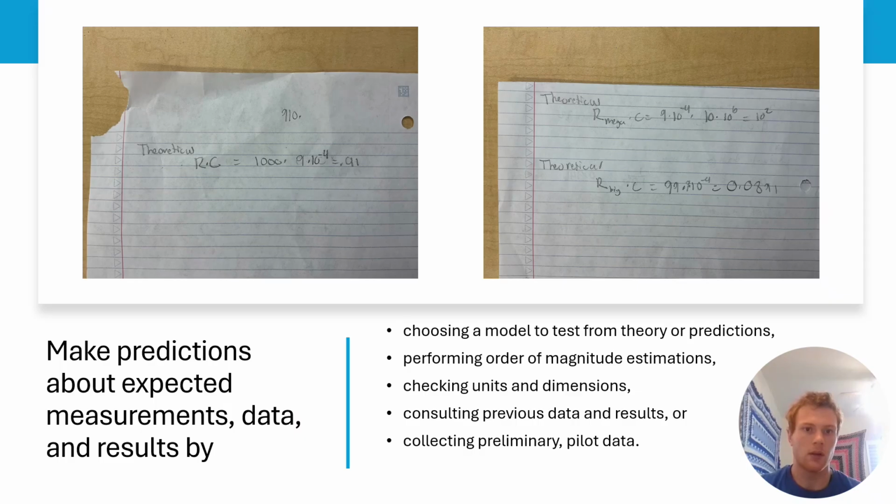It was the RC charging lab, where we figured out the curves of how long it took to discharge and so on. Using prior knowledge, knowing this is the formula for it, I was able to figure out a theoretical calculation.